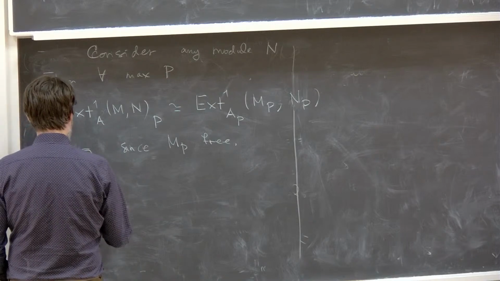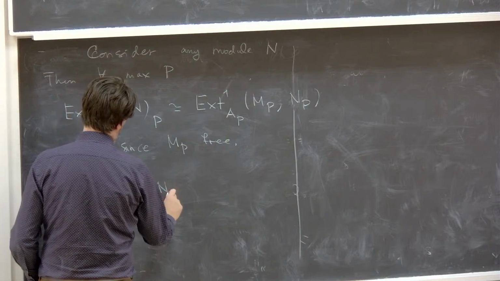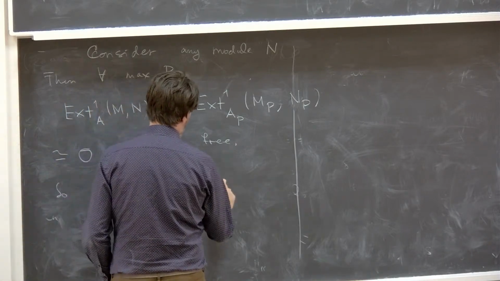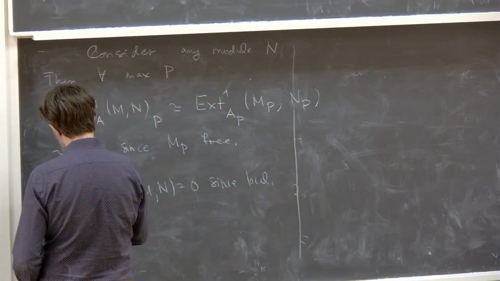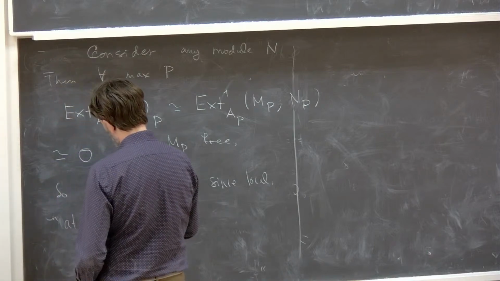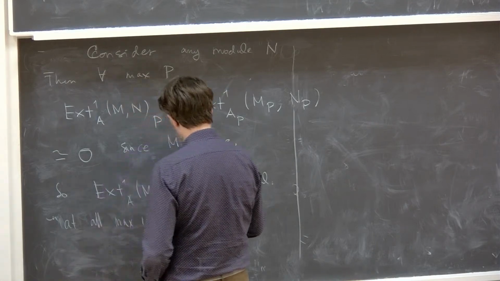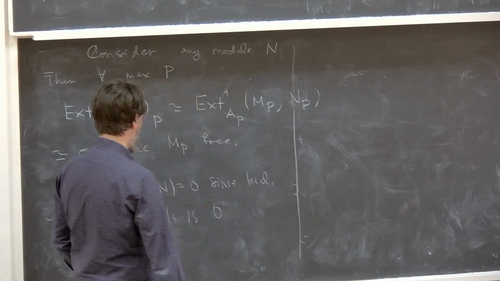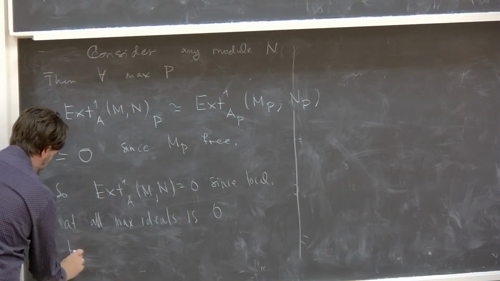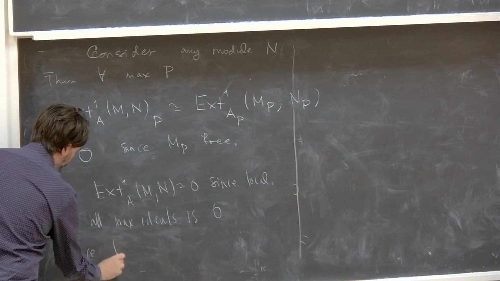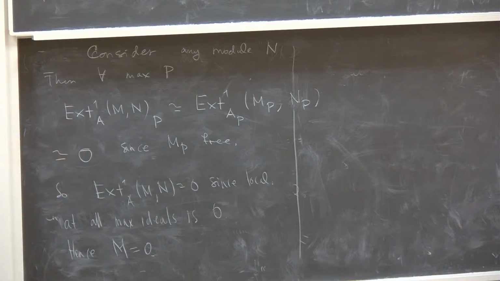So Ext1 itself is 0. Since localization at all maximal ideals is 0. So you can check whether or not a module is 0 by these localizations. Hence, M is projective because it has no Ext into any other module.